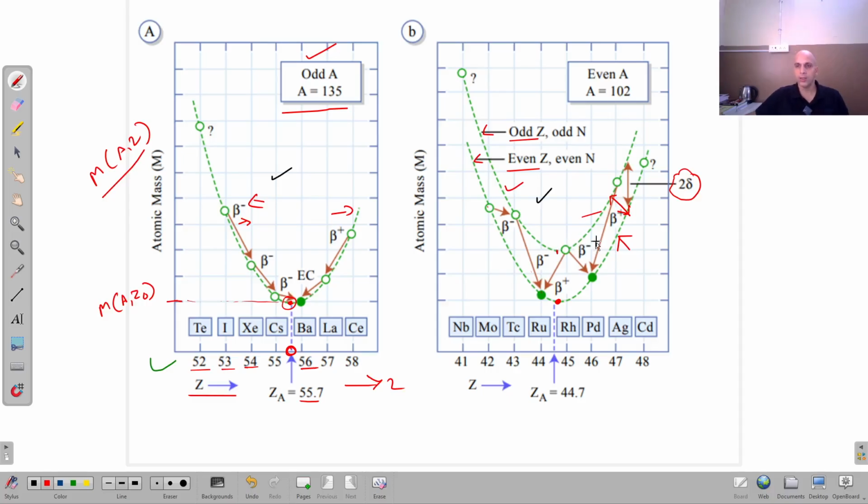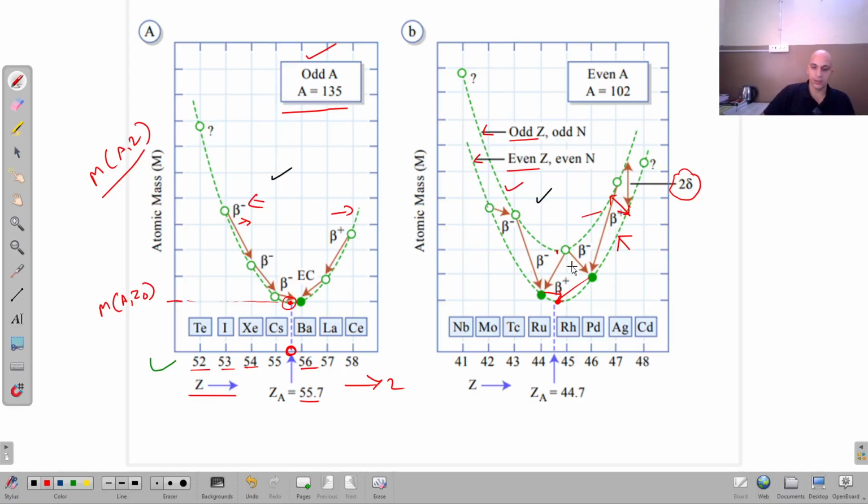You can see a nucleus that was present here undergoes beta positive decay, then reaches here, then finally it can proceed toward this side again by beta positive decay, because beta positive decay will definitely decrease its atomic number, but beta negative decay will increase it. Any nucleus that reached here will go here. Similarly, this nucleus that is here can go here by beta negative decay, or toward this side by beta positive decay.